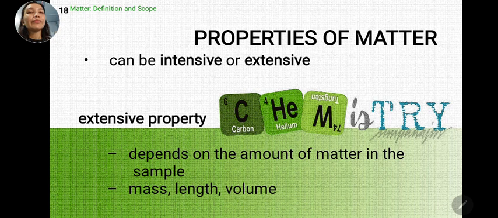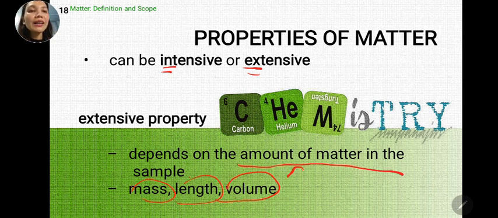Okay? So, yung other properties of matter can be intensive or extensive. Yung extensive properties natin, it depends on the amount of matter in the sample. So, these are the mass, length, volume. So, kapag nagdagdag ka ng substance mo, madadagdagan yung mass niya.